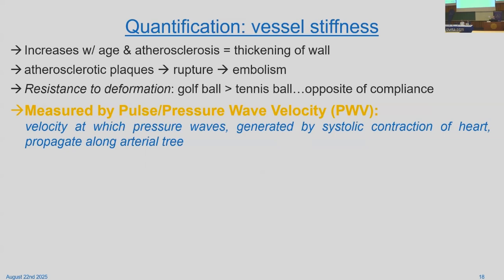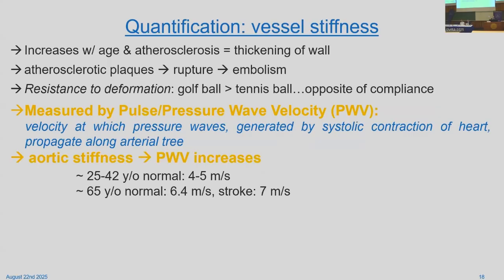There are also several ways of doing that, but what is important to know is that if you have a stiff aorta, you have a very high pulse wave velocity, and it goes up to, for example, 7 meters per second.